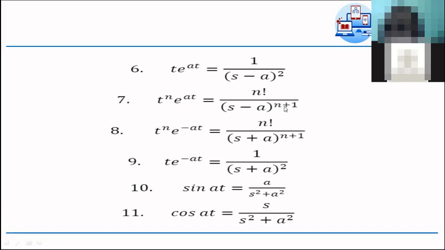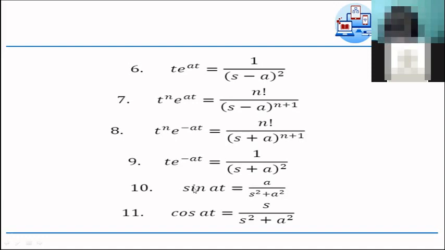Again, be careful of the exponent, n plus 1. Next, number 8, t raised to n e raised to negative a multiplied by t is equal to n factorial all over the quantity s plus a raised to n plus 1. Again, be careful of the sign. Negative in the exponent, positive in the divisor. Positive in the exponent, negative in the divisor.